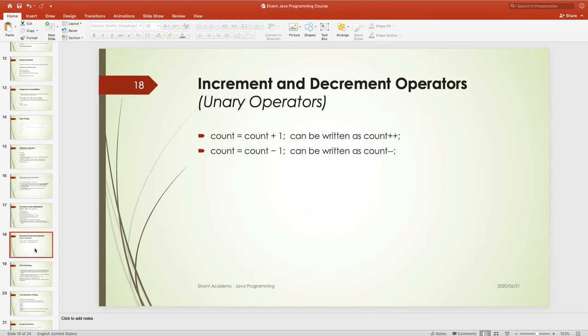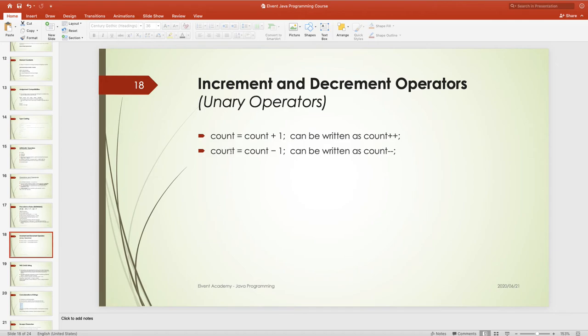The last slide for this lecture in the theory section is actually the increment and decrement operators. They are unary operators because they are applied to one variable. Okay, so instead of writing count is equal to the current value of count plus 1, you just write it as count plus plus without this equal sign.